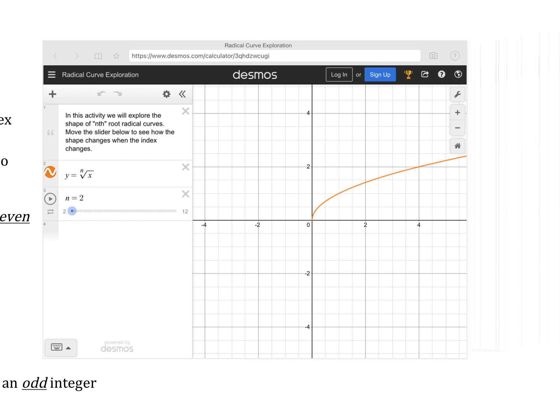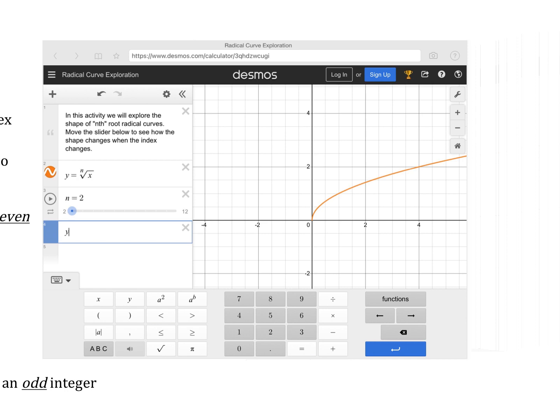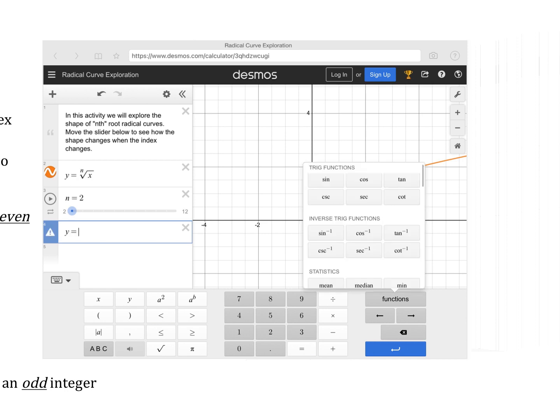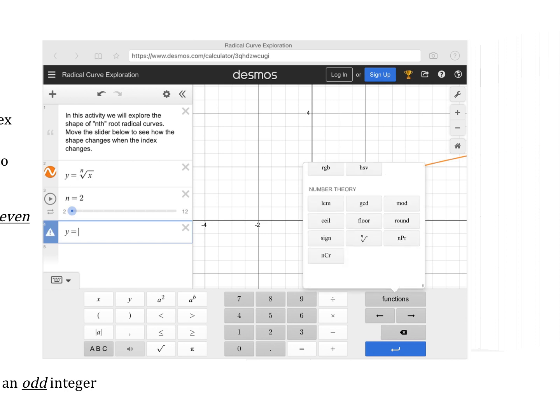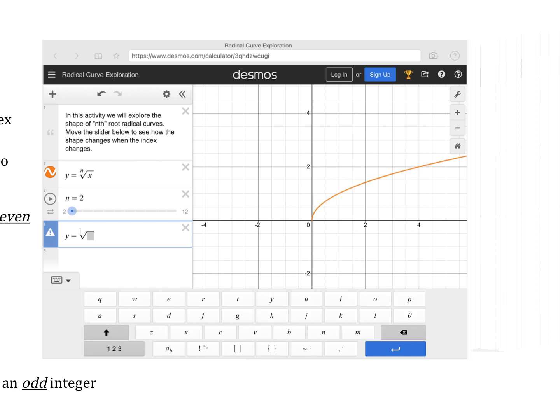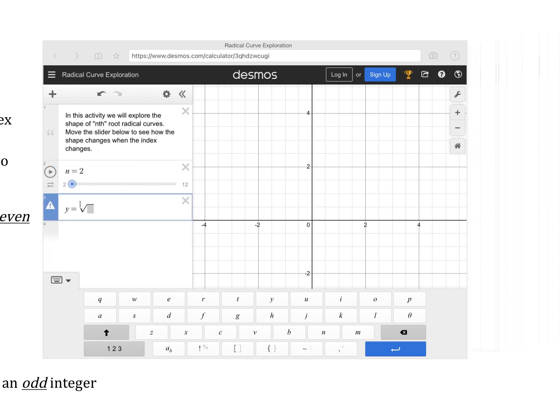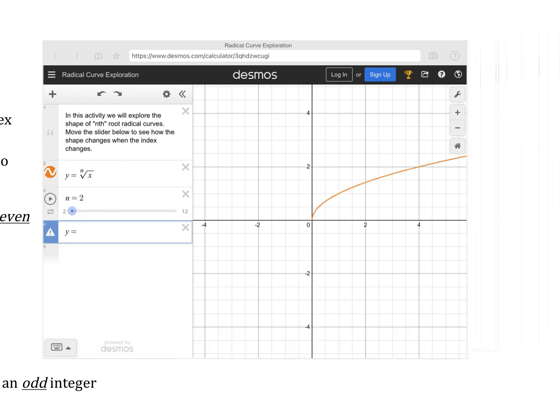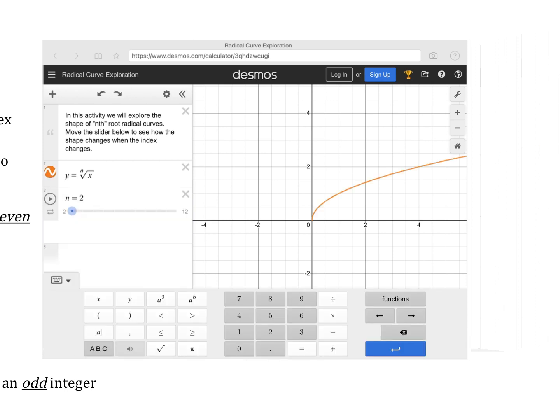Okay, if you type in y equals, and you go to functions and go to here, and then you put a letter in there. Anyways, okay, you can build this for yourself.